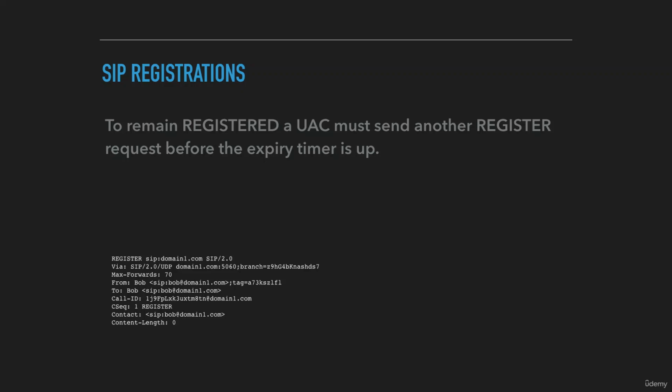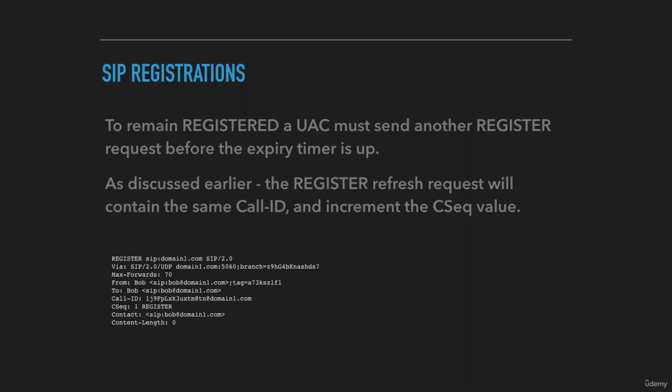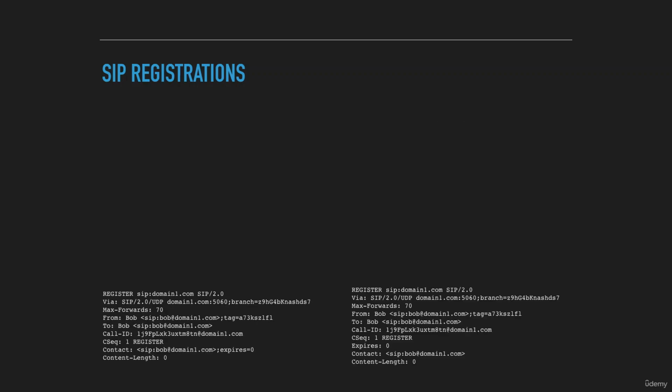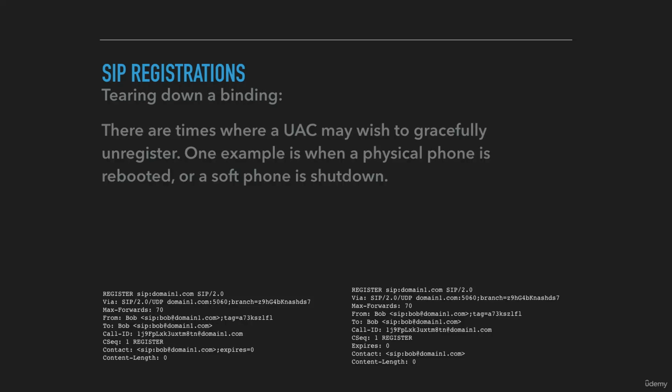But to remain registered, a UAC must send another register request before that expiry timer is up. As discussed earlier, the register refresh request will contain the same call ID, and it will increment the CSeq value monotonically. Now, to tear down a binding, there are times where a UAC may wish to gracefully unregister.